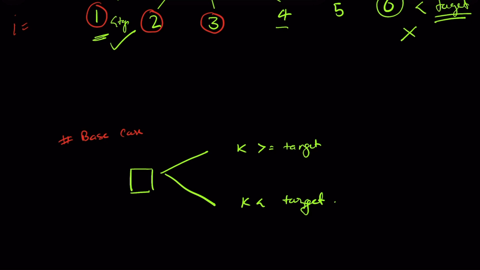Now let's look at the base case. When we have one die, there is only one possibility: can we achieve the target or not.